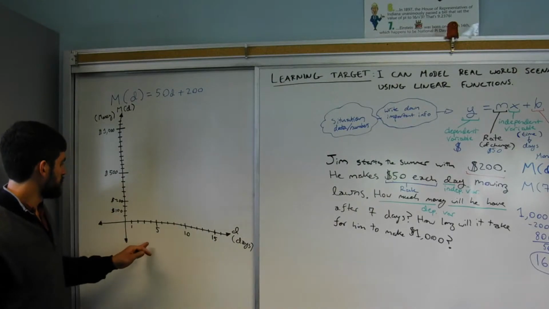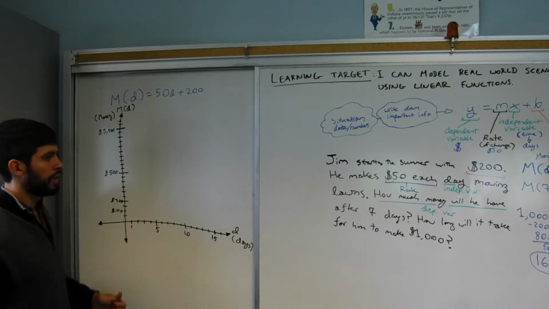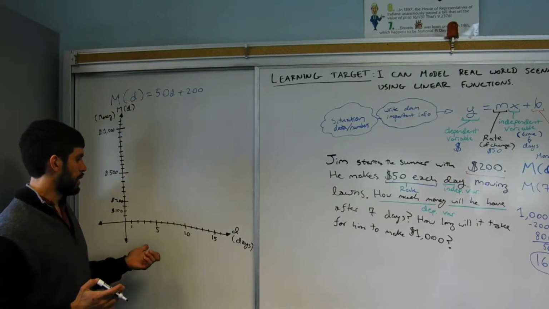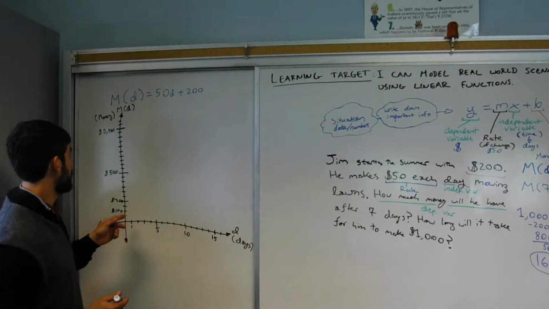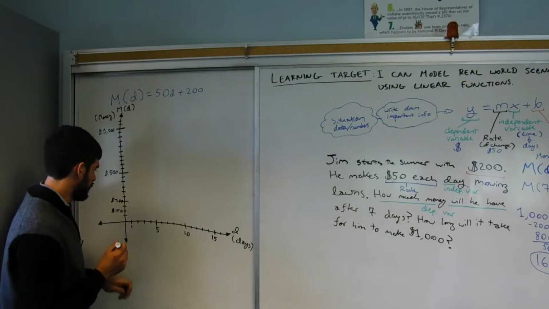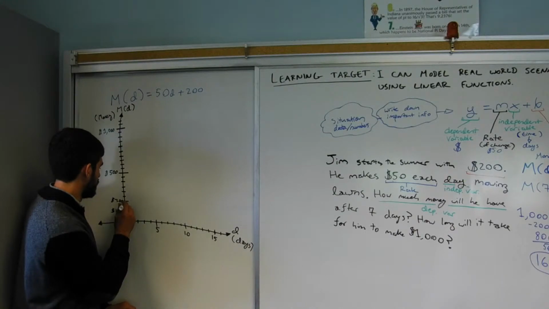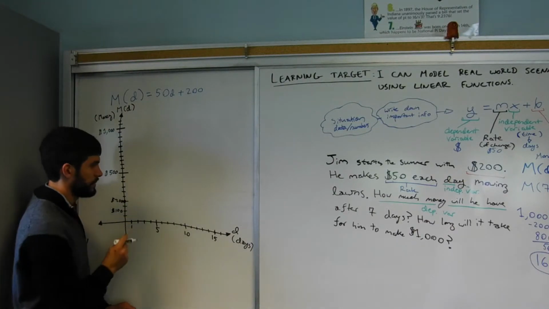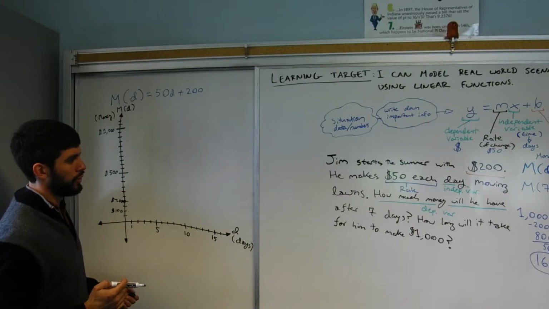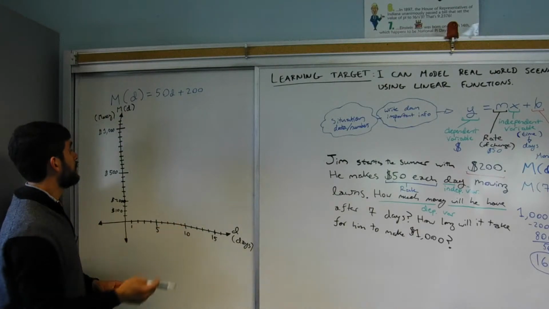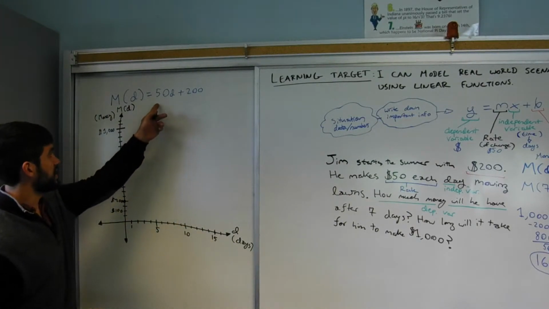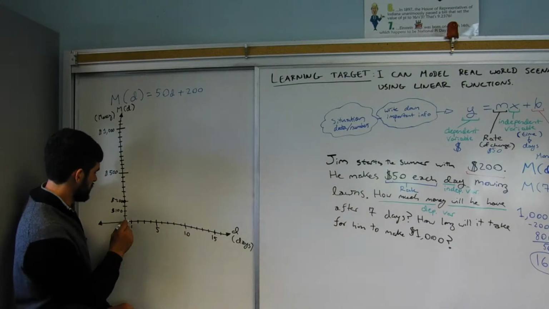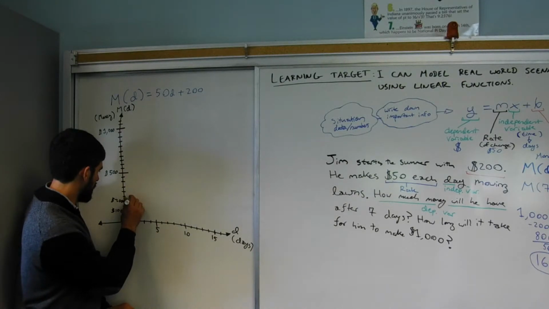And then once we have our scale set up, we'd graph it just like any equation. So our initial value, or y-intercept, is going to be equal to 200. So we know that point. We can also just say we know that each day he makes $50. So after one day, we'll have $250. So we'll have that point.